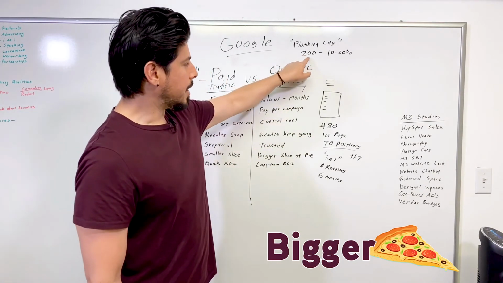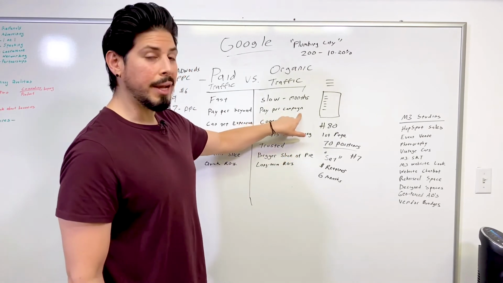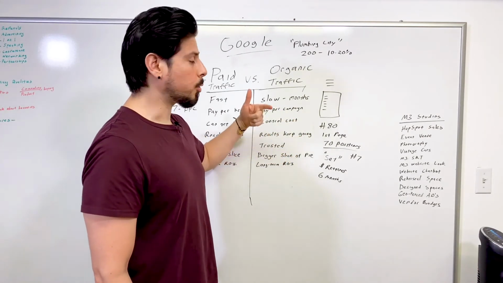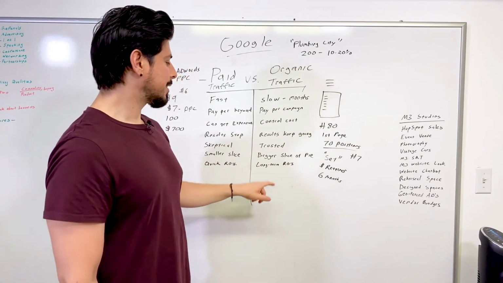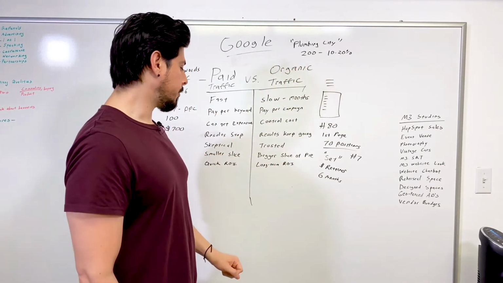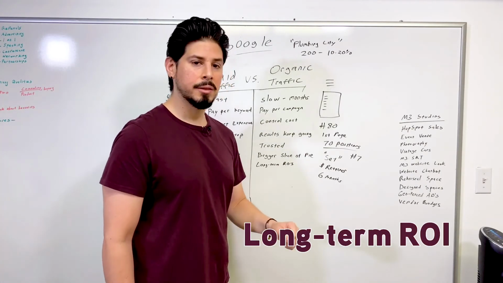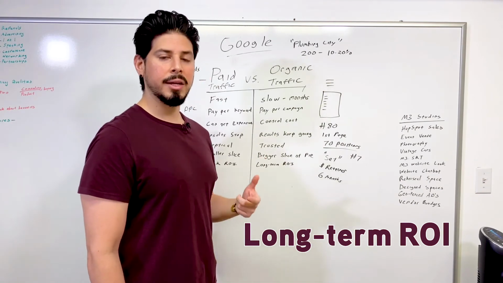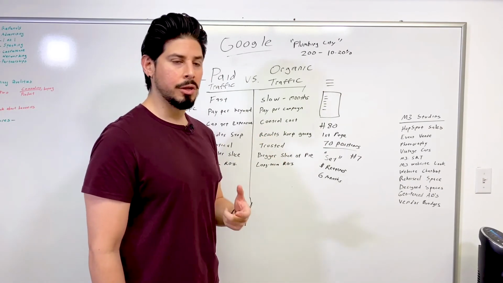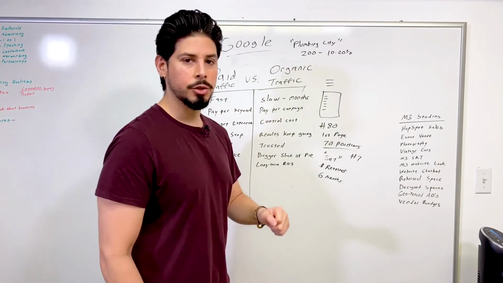For every keyword that you're ranking for, because remember you're doing it as a campaign, so you're going to show up for multiple keywords, you're going to receive a larger slice of the traffic searching for that. And it has long-term ROI. Even when your campaign ends, you're going to continue receiving visitors, traffic, and customers buying your products and services. So these are the differences between paid traffic and organic traffic.